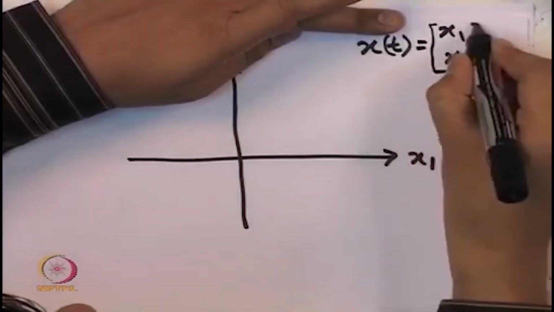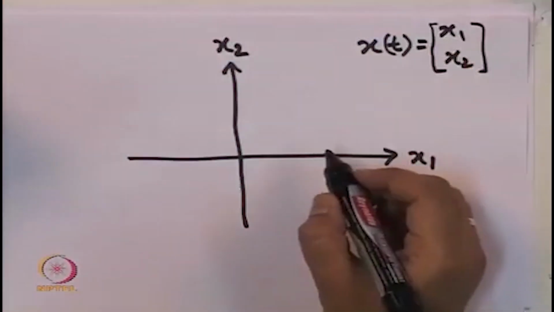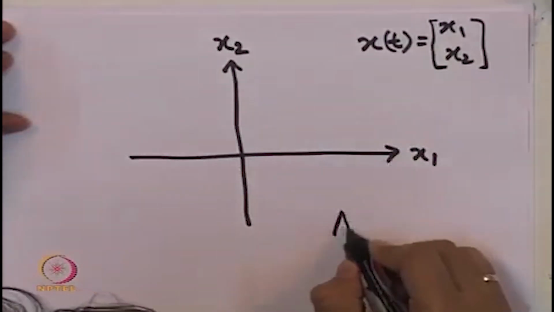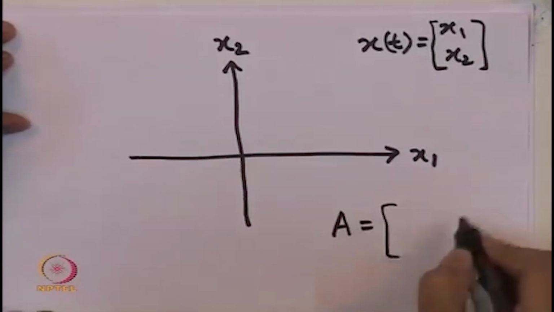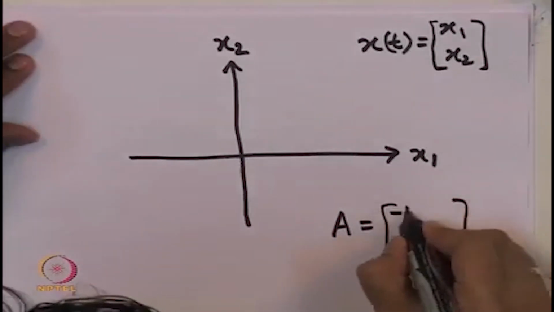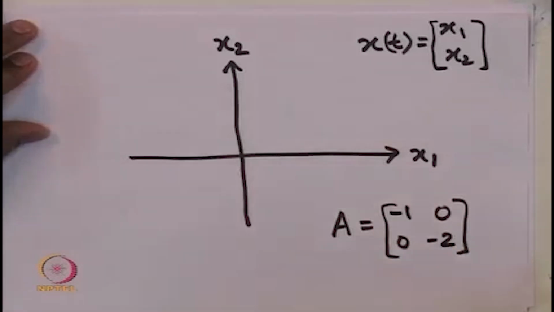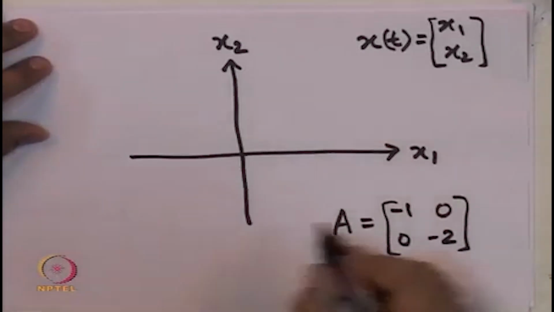Both are a function of time. So, when we are on the x1 axis, we are dealing with the case when A is equal to minus 1, 0, 0, minus 2. This is the example we last saw on the slide.